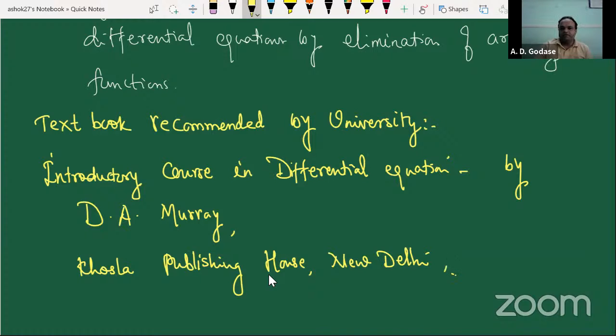And its edition is 2003. There are different editions of this book. Recently a 2019 edition is also there, so there may be some changes. The textbook recommended by the university for this course is Introductory Course in Differential Equations by Daniel Murray, and its edition of 2003.